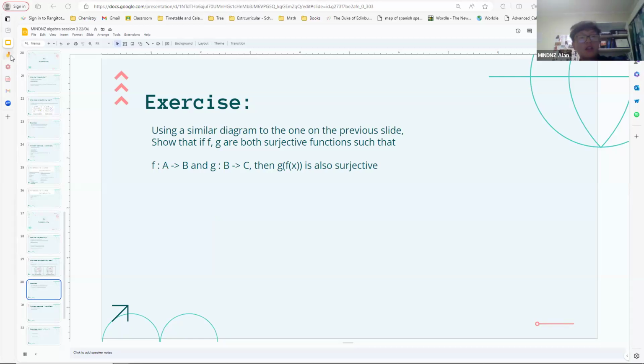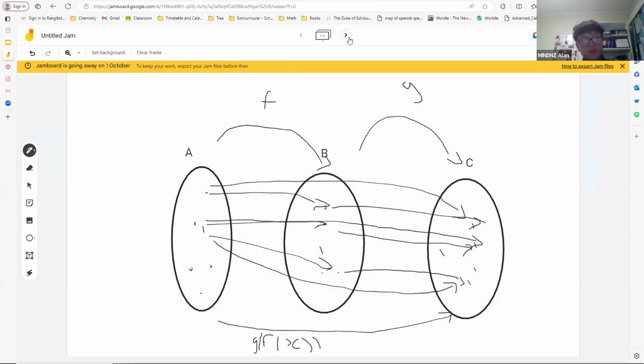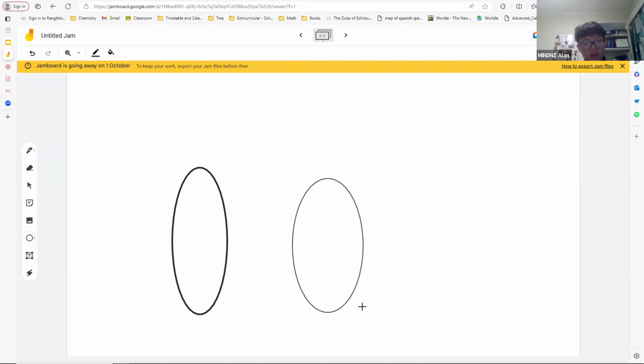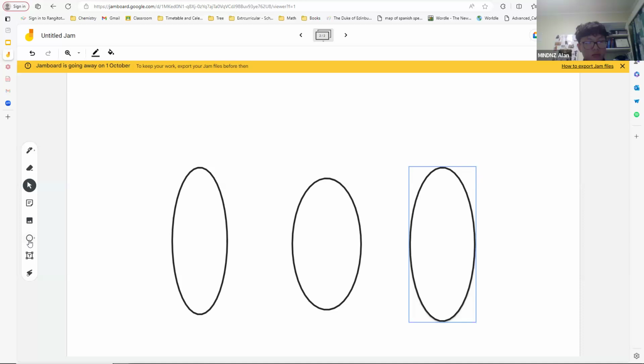So basically, if we use a similar diagram, we have A, we have B, and we have C. So we can color in B because we know that all the things in B will be mapped to.